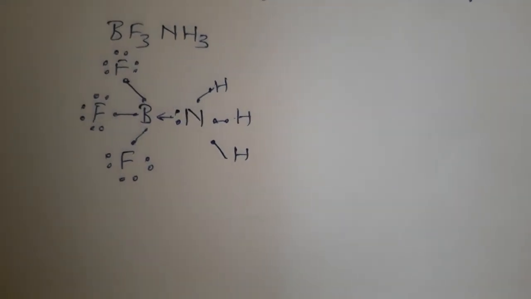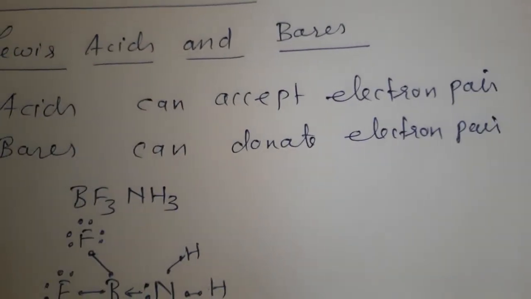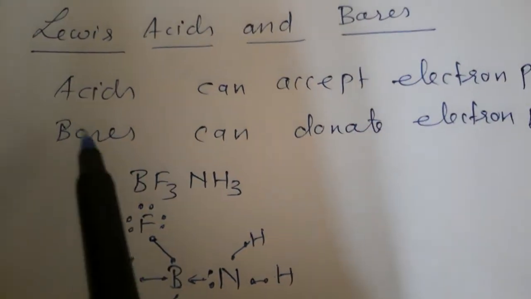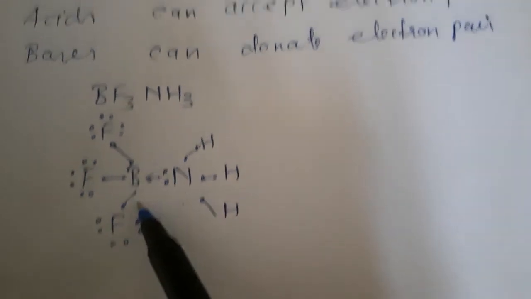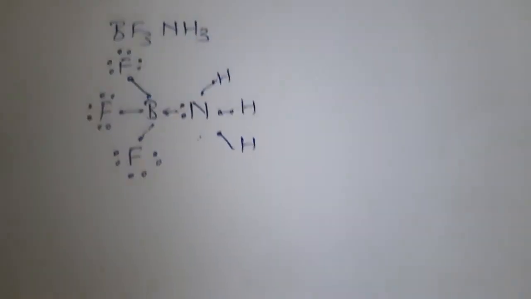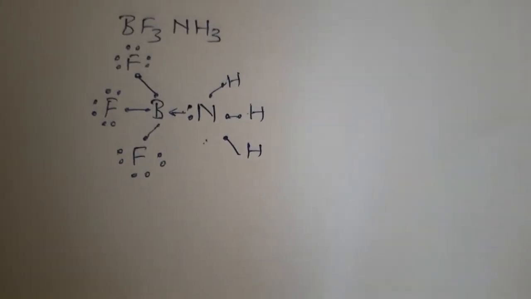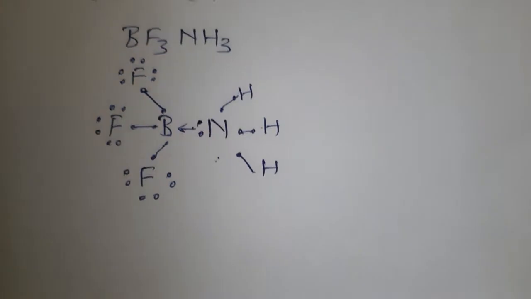In this case, the one which is donating the electron pair is known as the base. Bases can donate the electron pair, so NH3 is the base, and BF3 is accepting that electron pair, so BF3 is the acid.